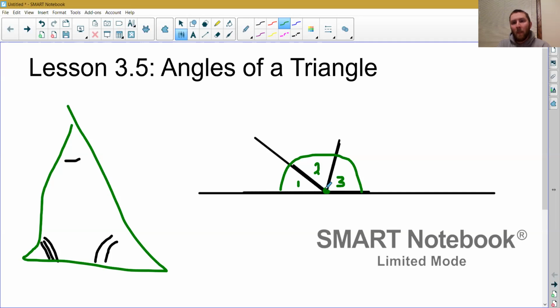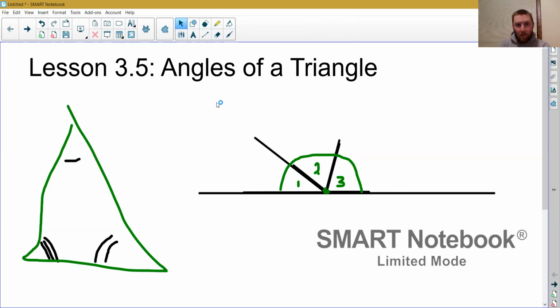A straight line is 180 degrees if we measure it as an angle. So if I take the three angles of a triangle, I can always do this with them. I can always make them equal to 180 degrees when I add the three together. When I put angle 1 plus angle 2 plus angle 3 all together, they will always equal 180 degrees, no matter what. So that's sort of our rule, okay?